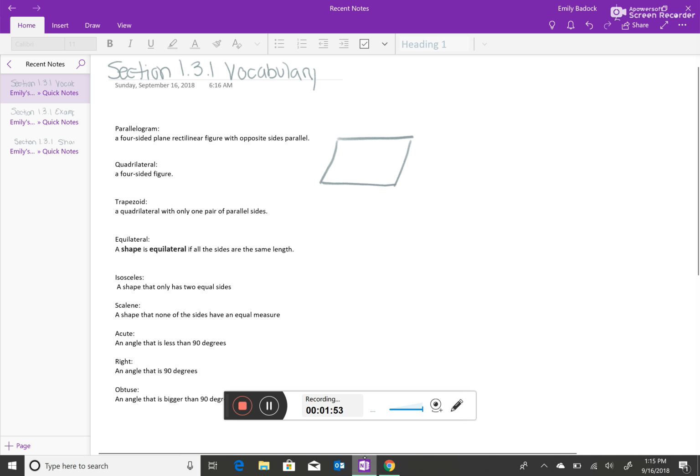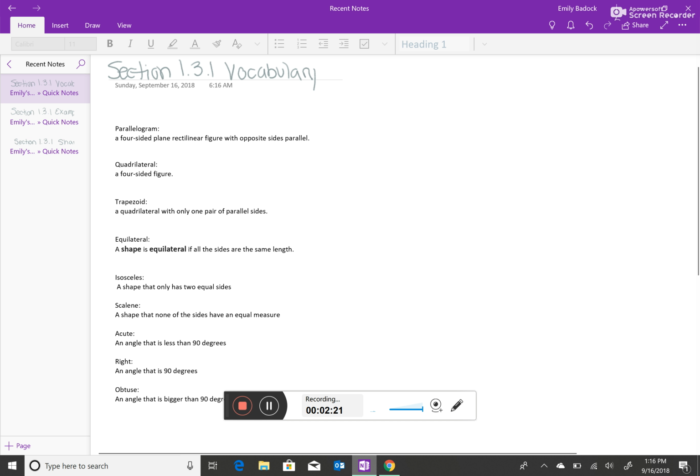You see that these sides are not exactly straight, but these lines are parallel. So opposite lines are parallel, and those symbols are how we state what is parallel and what is not parallel. You could use a square, you could use a rectangle. There's lots of different things out there where opposite sides are parallel.